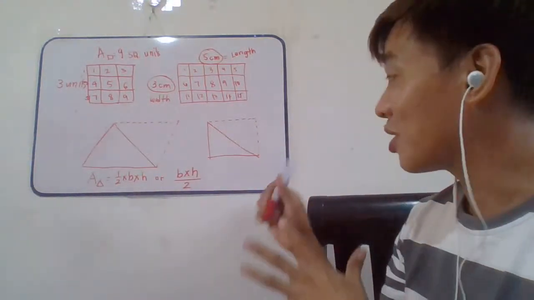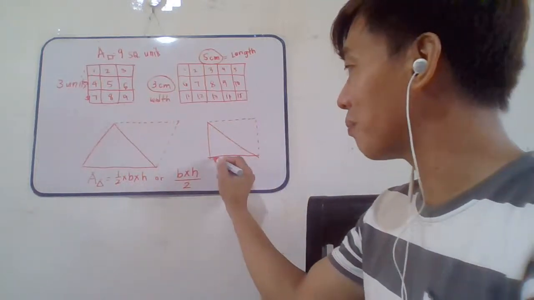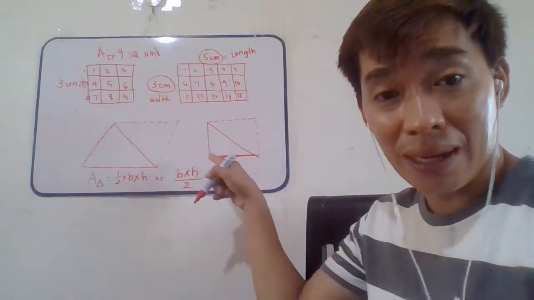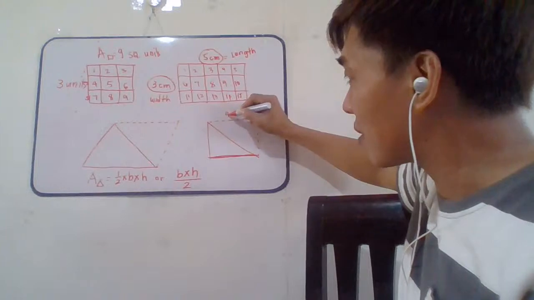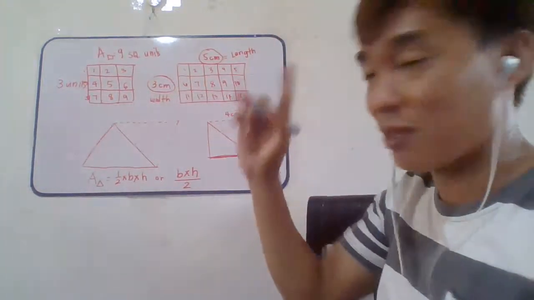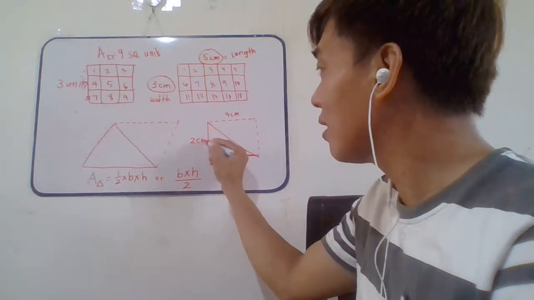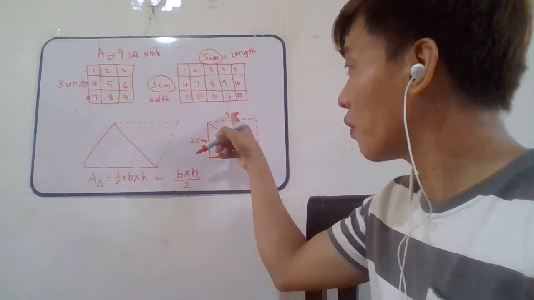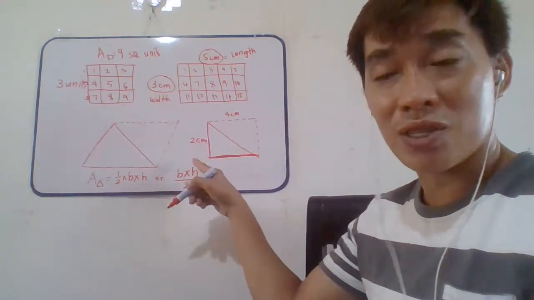So if we have this figure, this portion here is the length of the rectangle, the longer side. For example, this is 4 centimeters, and here, that is 2 centimeters. So the length here is 4 centimeters and the width here is 2 centimeters.